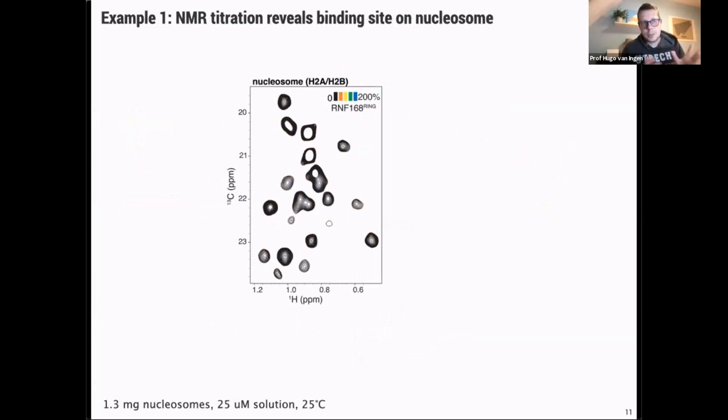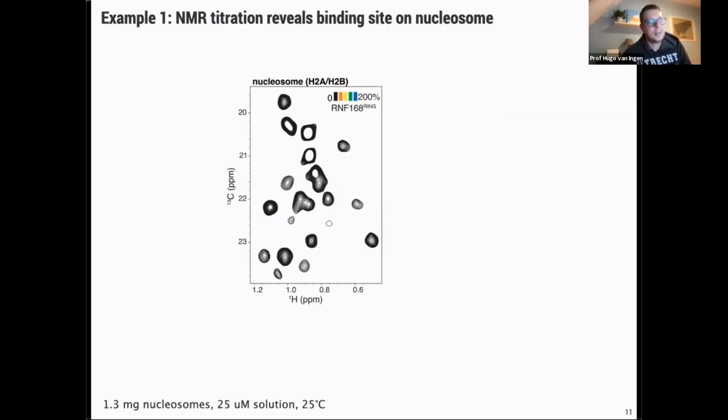In this case, we used the solution NMR approach with the methyl group labeling. So what you see here is a fingerprint spectrum of a nucleosome in which H2A and H2B, two of the core histones, were methyl group labeled, and each dot here represents a methyl group.